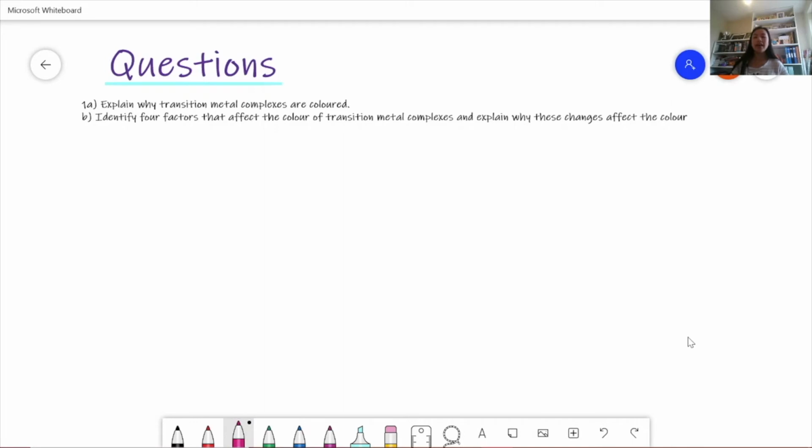For 1A, explain why transition metal complexes are coloured. This is a really key thing that you need to remember. Why they're coloured is because in transition metal compounds, the d orbitals do not all have the same energy. And so when we excite electrons, they absorb visible light to provide energy for themselves to move to a higher energy level.